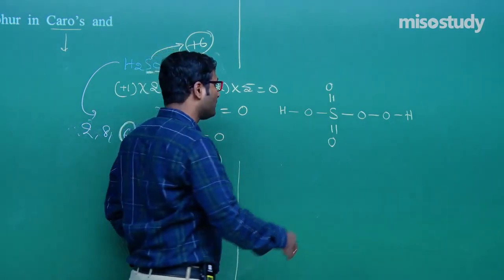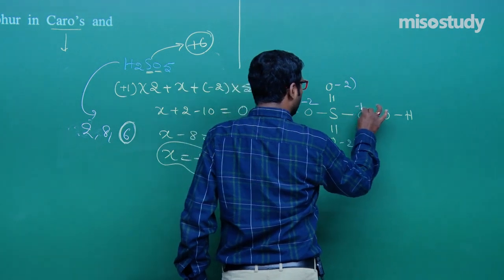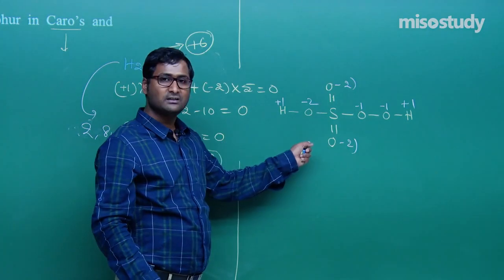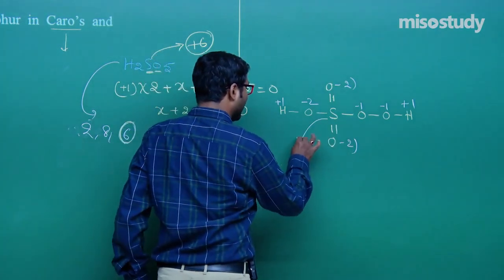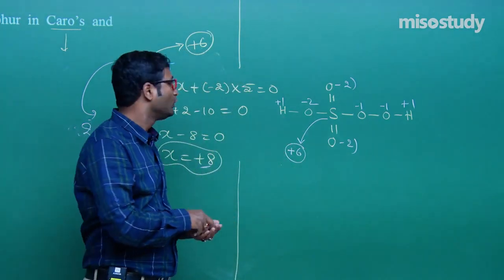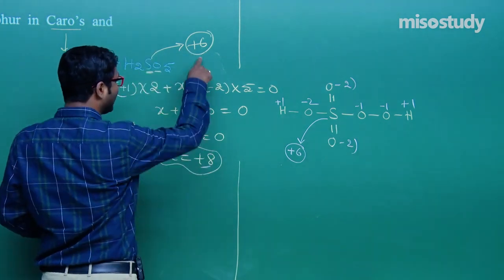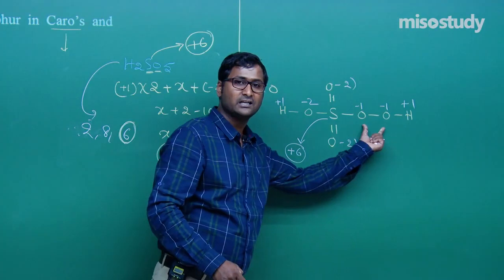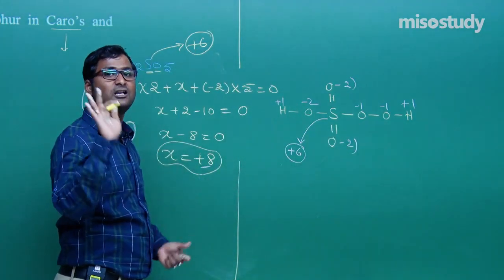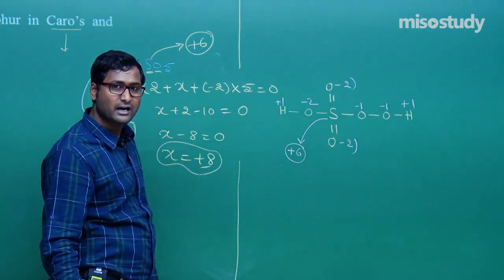Am I right or wrong? This one has oxidation states minus 2, minus 2, minus 2, minus 1, minus 1, plus 1 and plus 1. By using this, you can easily find out the oxidation state of sulfur. This is one of the best methods to find the oxidation state of any substance. Here the gap is 2, so 1 peroxy linkage. If the gap is 4, then 2 peroxy linkages. If the gap is 6, then 3 peroxy linkages. Clear to you? This is the shortcut method to solve such kind of question.